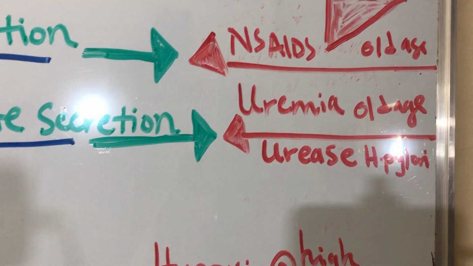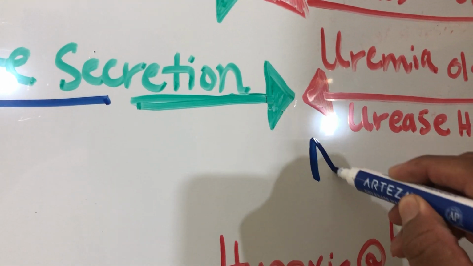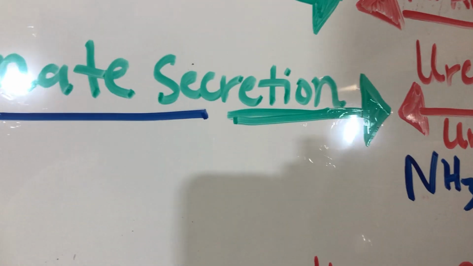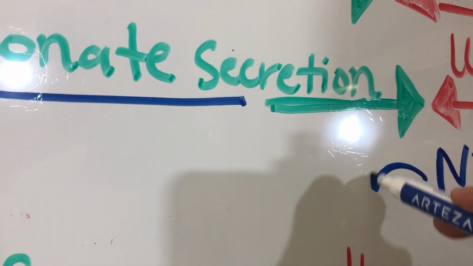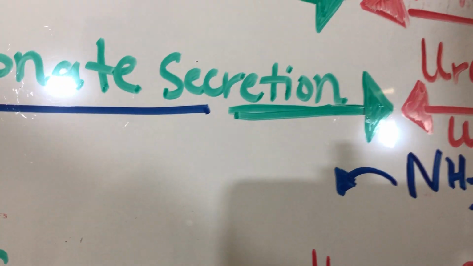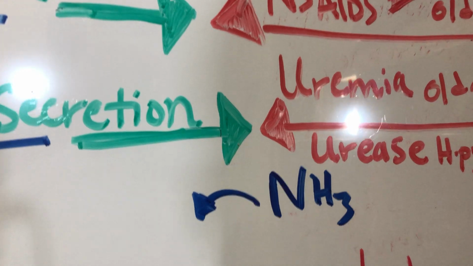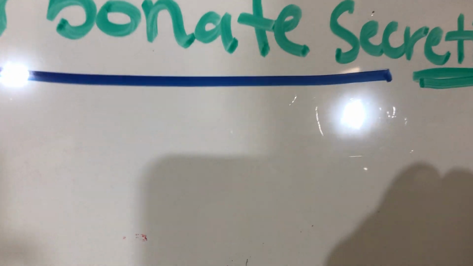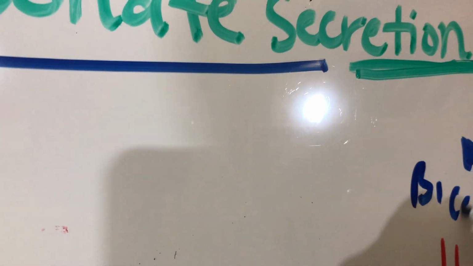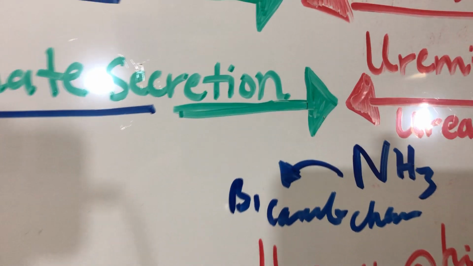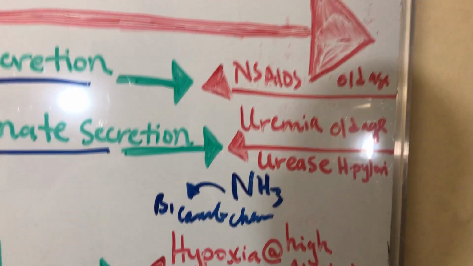Someone who's suffering from uremia would have a high content of ammonia, and that ammonia will lead to an increase in the acidity, and that ammonia will inactivate the bicarbonate channels, leading to an increase in the acidity.